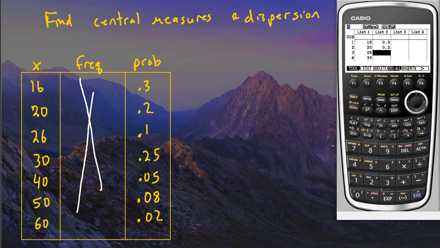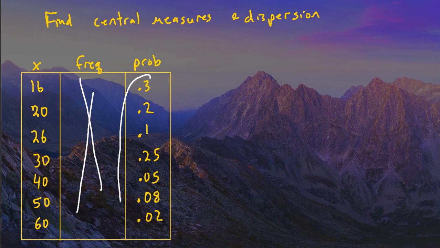So list 2 doesn't necessarily have to be a frequency. It could be the probabilities. It makes no difference to the calculator. Now, just as a check, in order for this to work, these probabilities all have to add up and equal 1 or 100%.